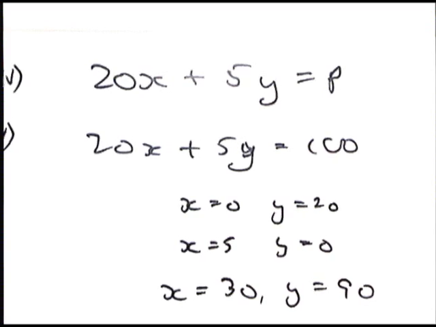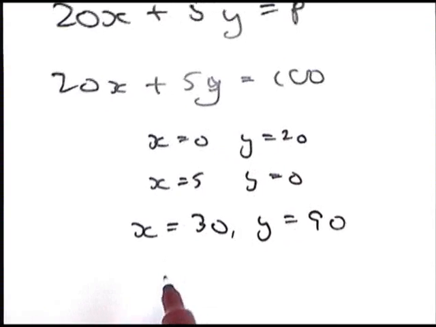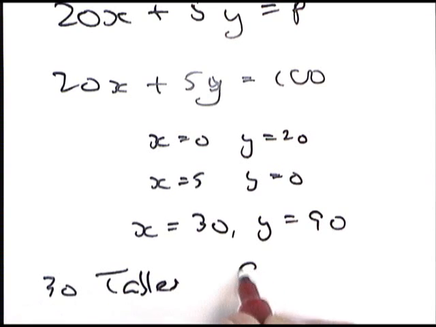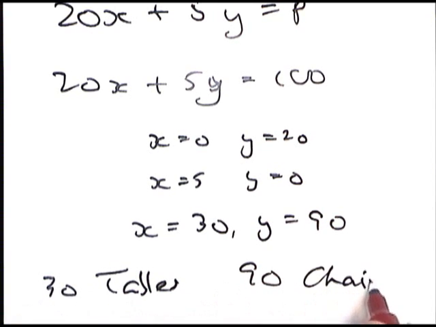And it's asking you for the number of tables and chairs, so we'll write down at the end of the question, linking back not just x and y's but to the actual things it's talking about: you want 30 tables and you want 90 chairs. And that is the final answer for that question.